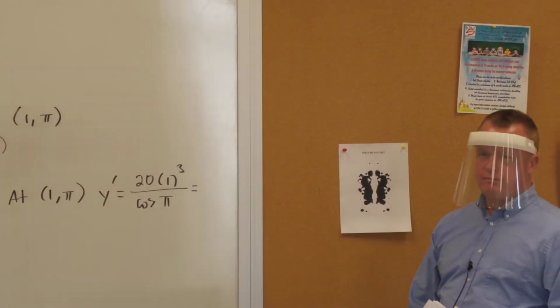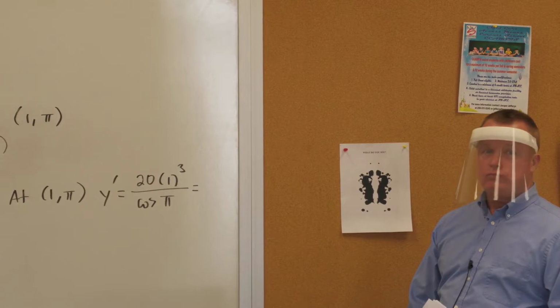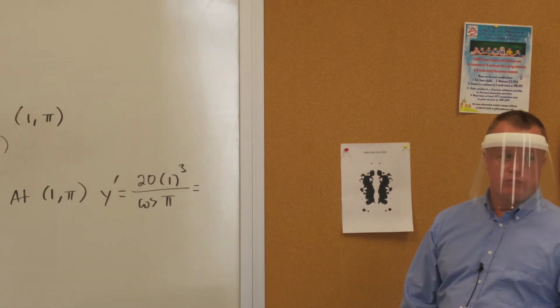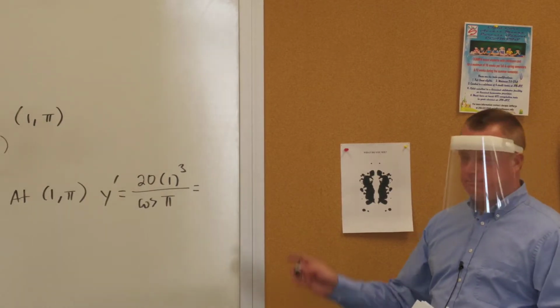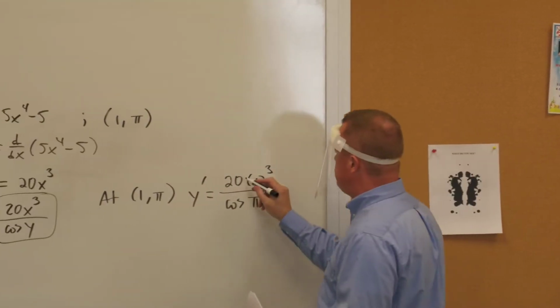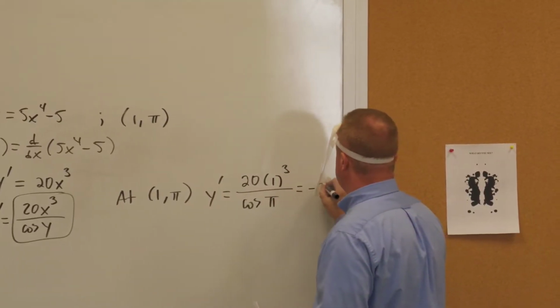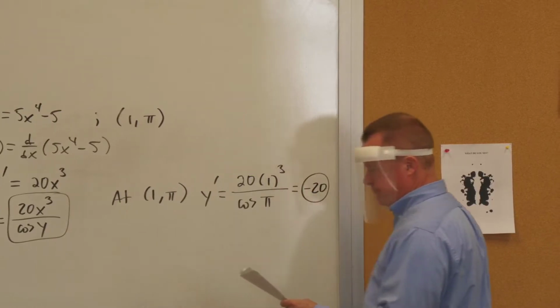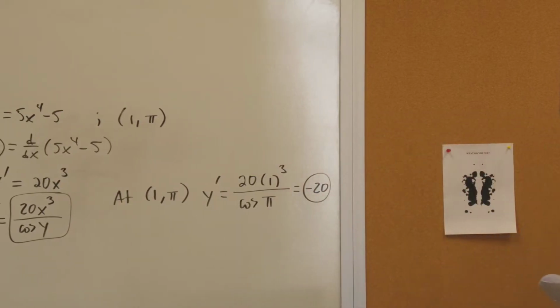Negative 1. The x-coordinate is 1. So 20 over negative 1, the slope would be negative 20.